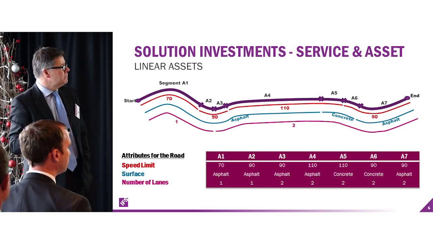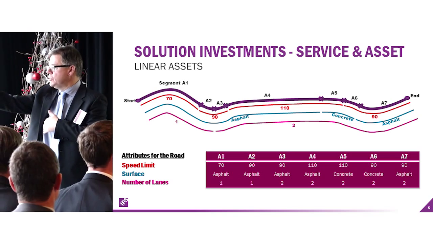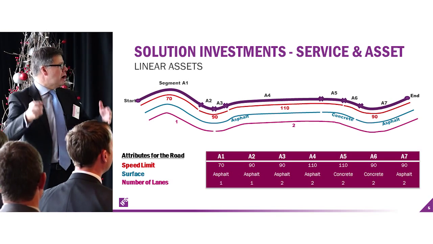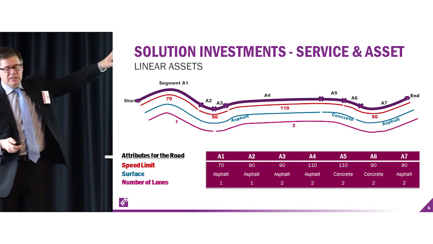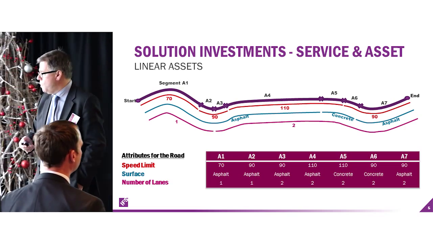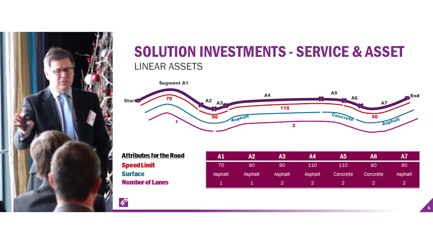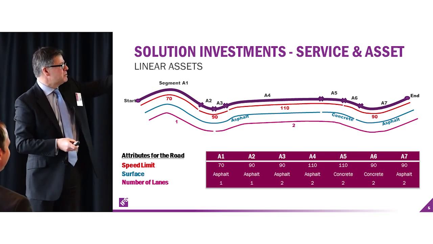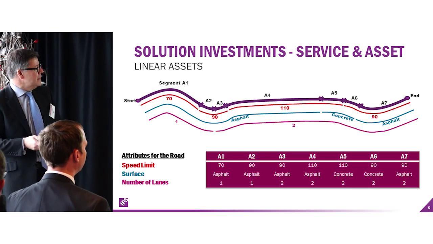Just quickly, imagine that you have a road and you want to set this road up in IFS, and along this road it has different speed limits. This is in miles per hour, but it could be kilometers. Are you kilometers or miles here? Kilometers, of course. It's the same sort of numbers. In fact, it probably is kilometers, 110.